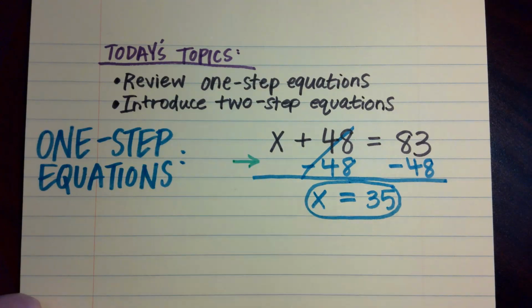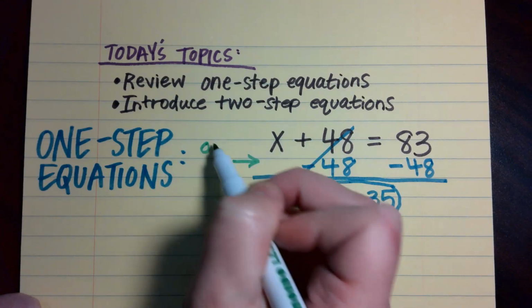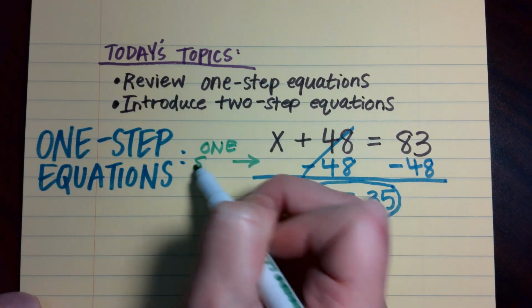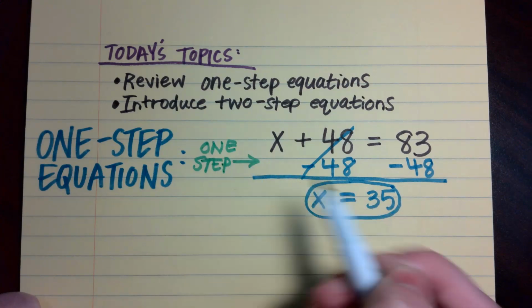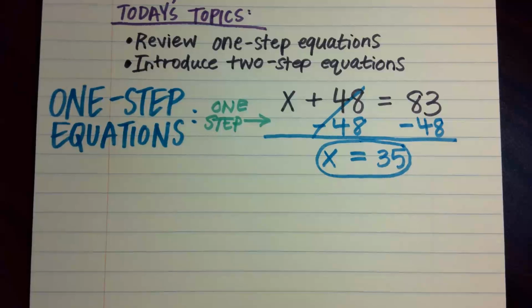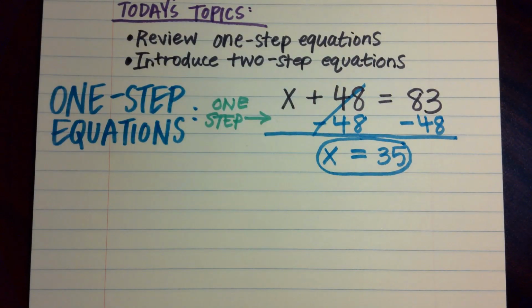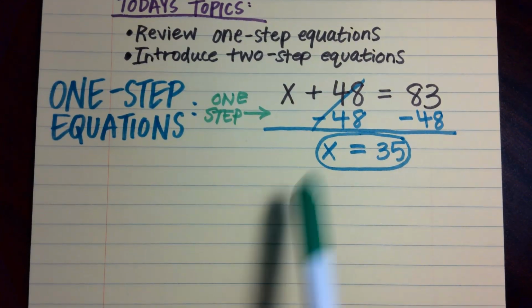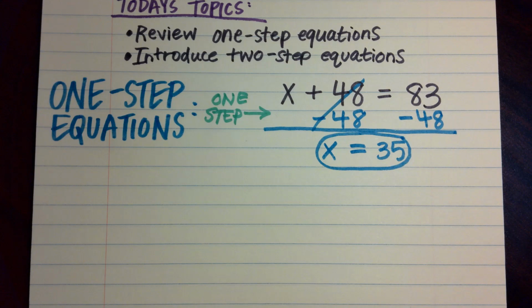So, I'm going to point this out a little bit here for you guys. This just took one step. The step we took here was subtracting 48. That's all we did. We only had to subtract a number and then boom, we got our answer. So let's talk about what's going to happen whenever we have more than one operation in an equation. Right here, there's just one, addition, and then we subtract to get rid of it.